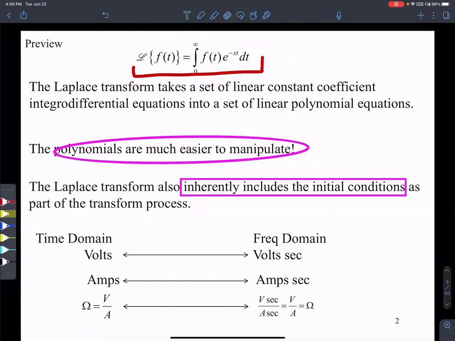And what we saw is that this kind of transformation, represented as F of s, has many advantages.